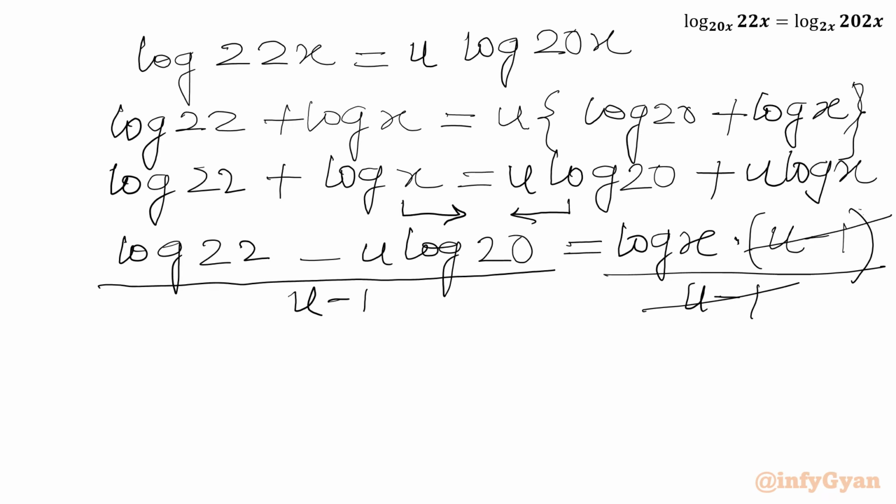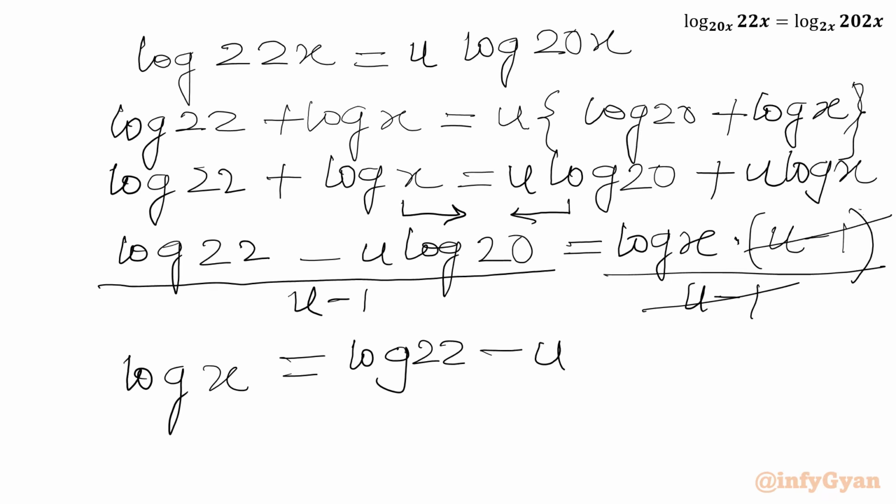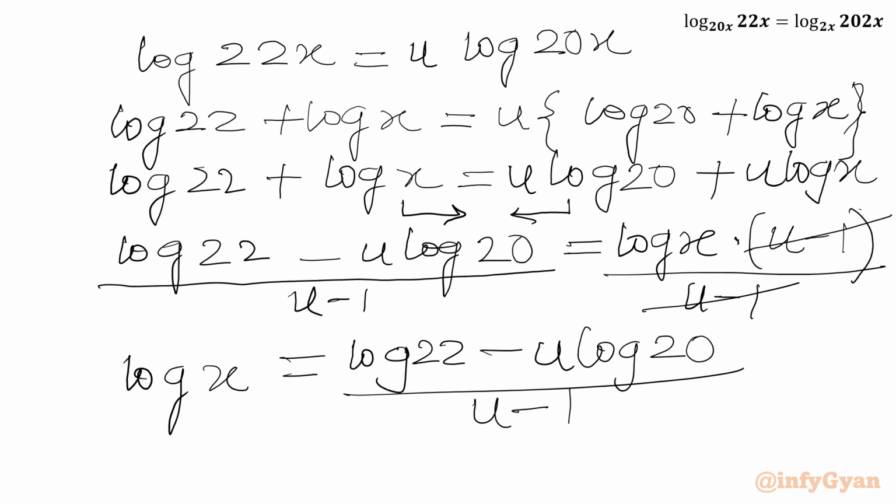Now u is known. We can use a log calculator and plug in the values here. So let me write here log x equal to log 22 minus u log 20 over u minus 1. Now our u was minus 0.962.